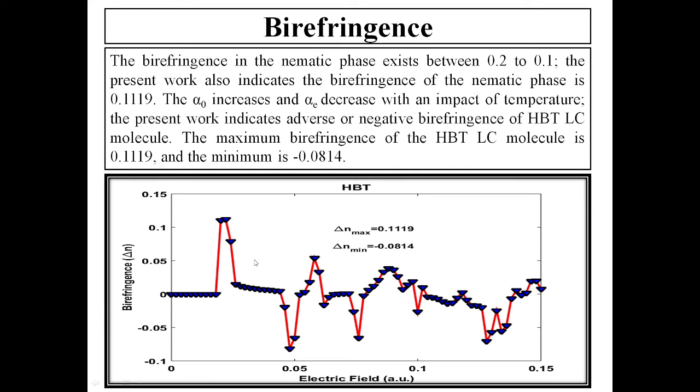Birefringence. The birefringence in the nematic phase exhibits between 0.1 and 0.2. The present work also indicates the birefringence of the nematic phase is 0.1119. The ordinary polarizability increases and the extraordinary polarizability decreases with the impact of temperature.